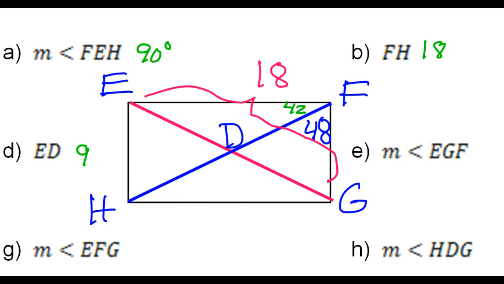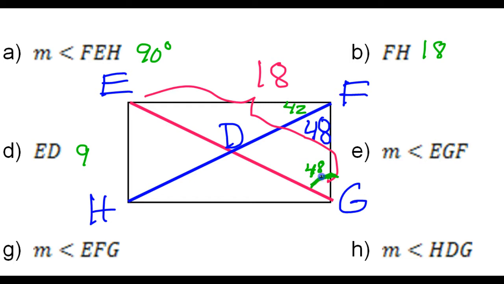What about E, the measure of angle EGF? That's going to be this angle that I marked right here. I hear Nick saying that this is going to be 48. Can anybody tell me why that's going to be 48? Trenton? No, I'm not seeing alternate interior.